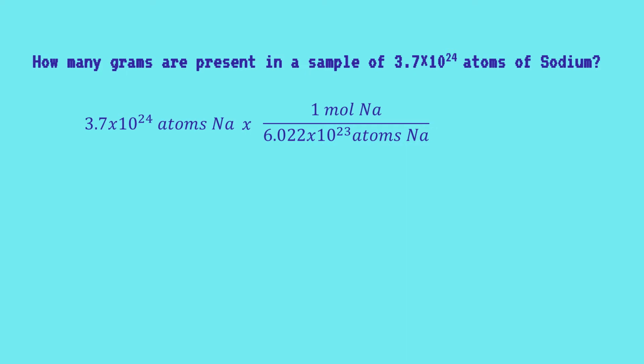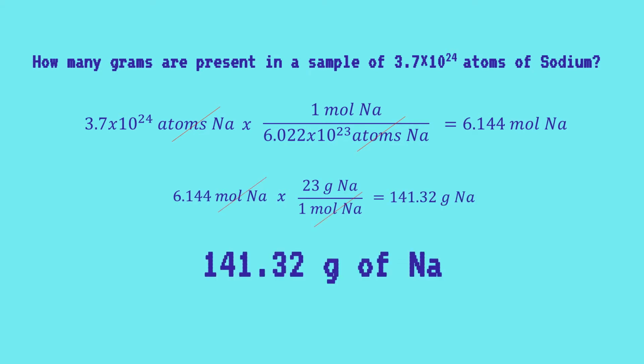So we can now cancel the unit atoms, and what we're left with is moles of sodium. And then we multiply it by the molar mass, and the molar mass of sodium is 23 grams. So the final answer is 141.32 grams of sodium.